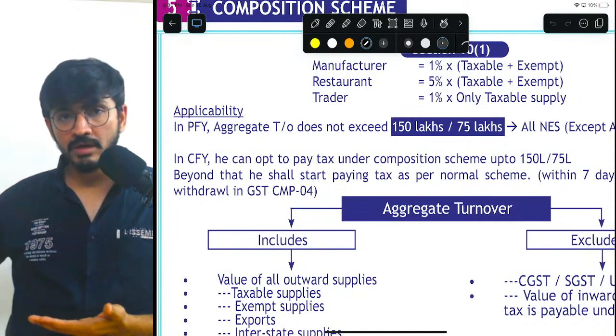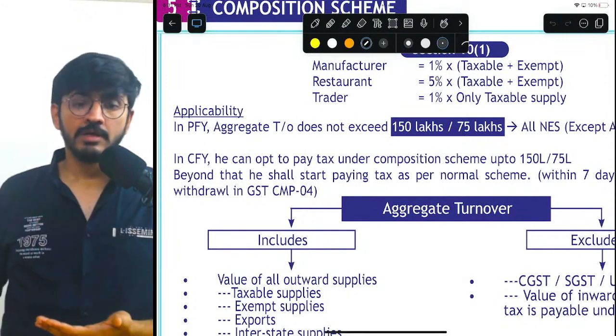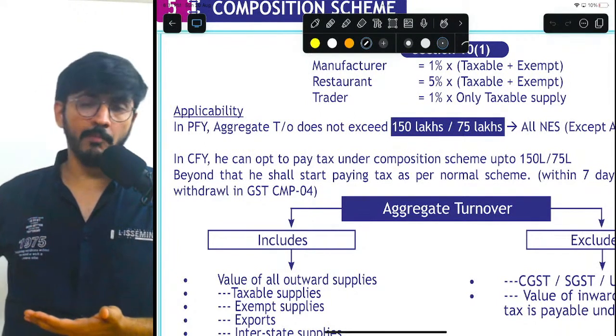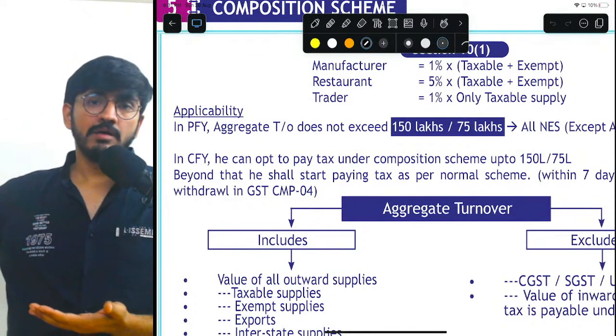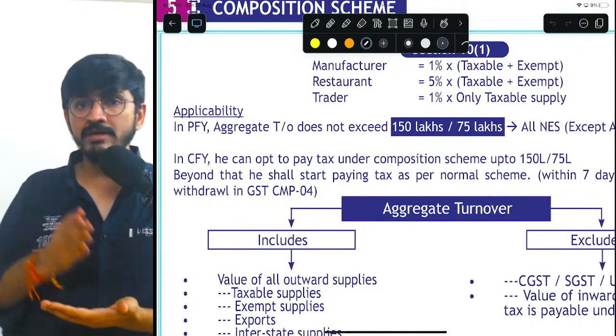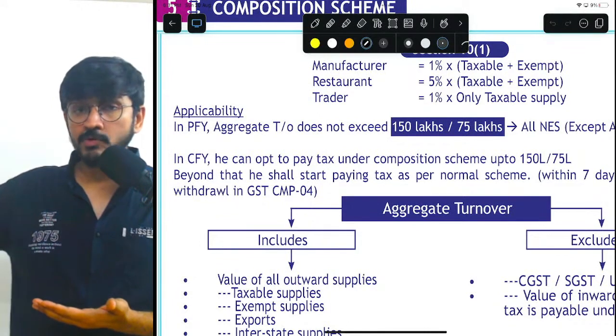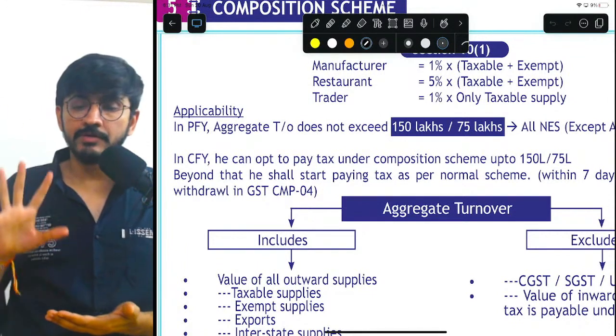Tell me, guys, is that correct? Absolutely not. You will pay taxes under composition scheme only up to 150 lakhs or 75 lakhs, whatever limit is applicable to you.